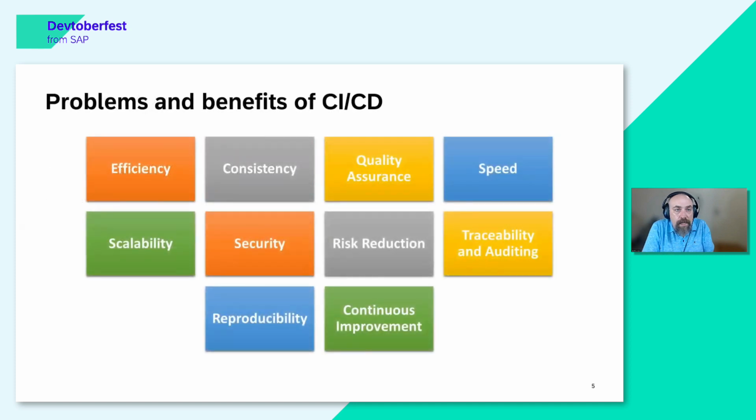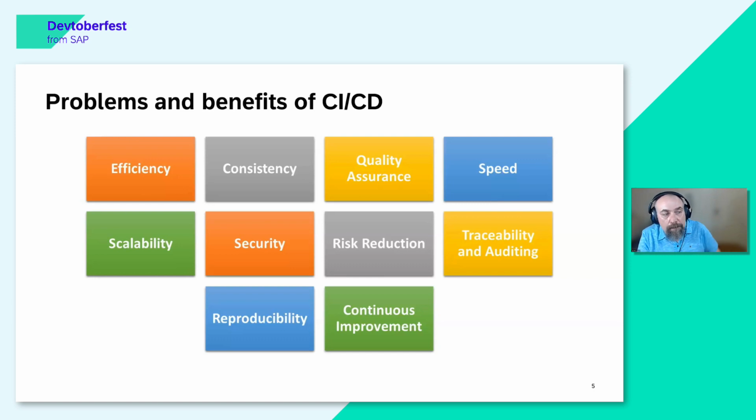So what are the benefits and problems that CI/CD solves? Efficiency: essentially it streamlines your development, reducing wasted time and effort. It creates consistency, ensuring uniformity across all your applications. The builds and the deployments are all very consistent. It promotes quality assurance: automated testing enhances the reliability of the software that you're creating.